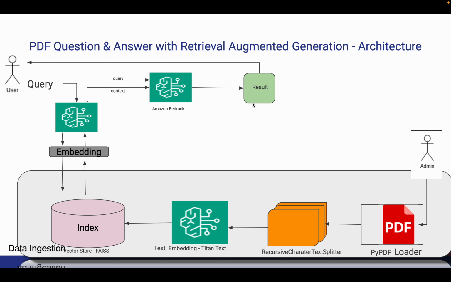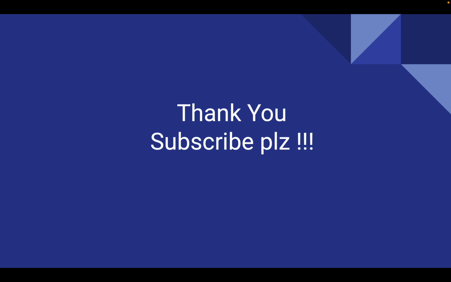So that is the RAG architecture, and this is what we are going to implement. We will be implementing a very basic version, and this can be enhanced if needed.